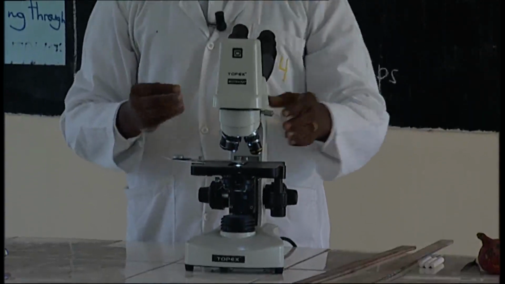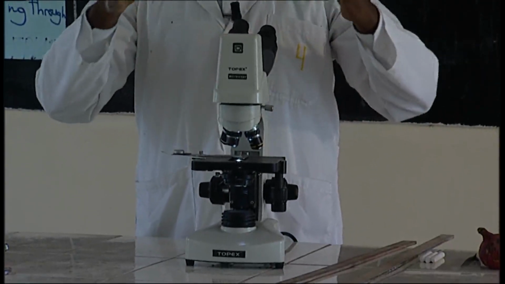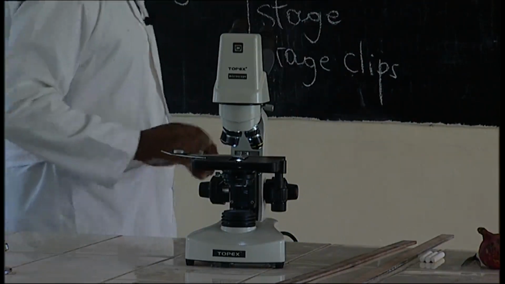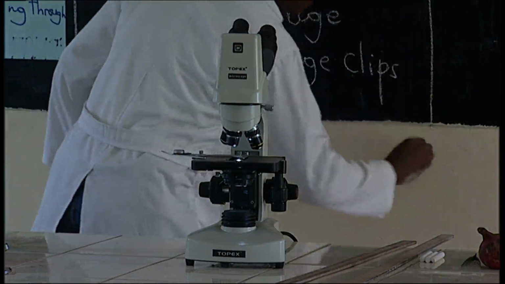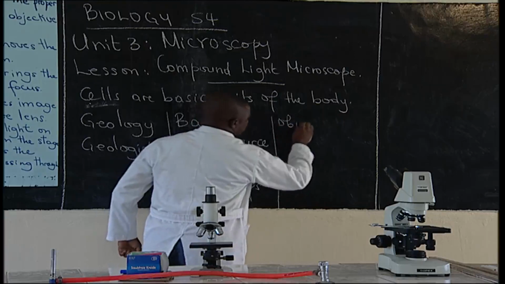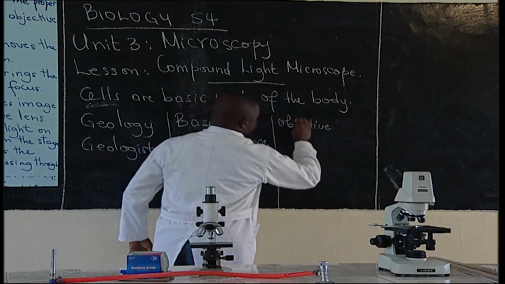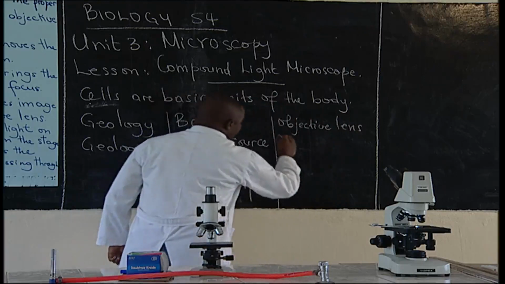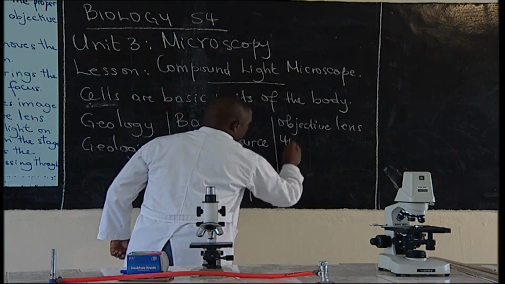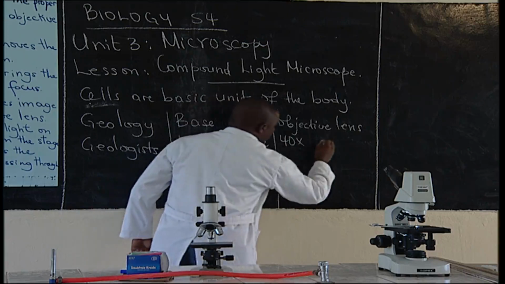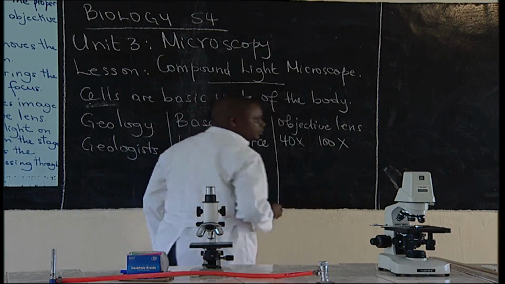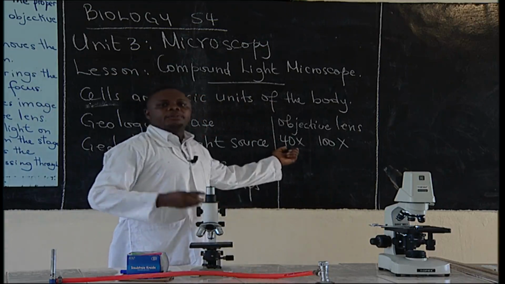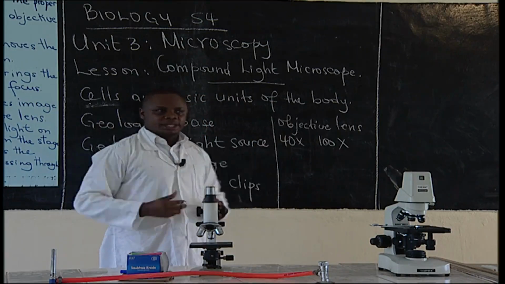Even the capacity to make the specimen big is different, because on some of them you see there times 40, or we can say times 100, and so on, which means the capacity to make the prepared specimen big is different.